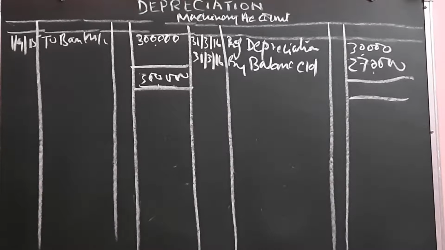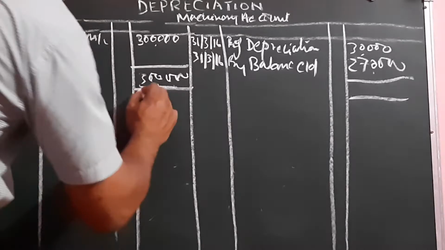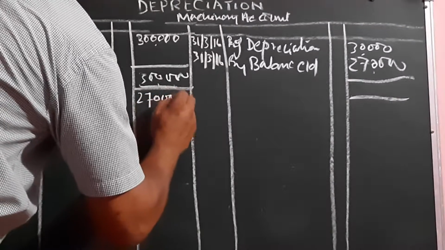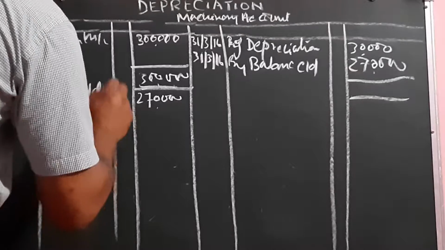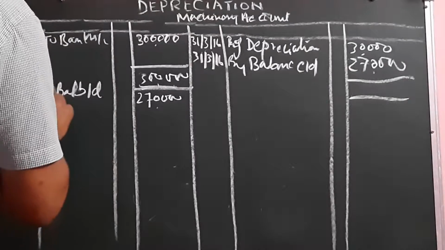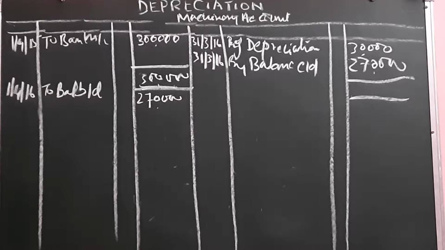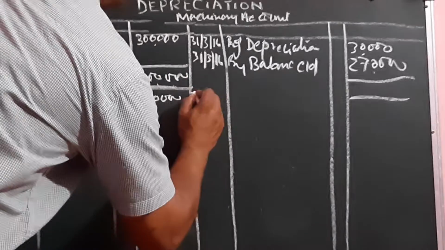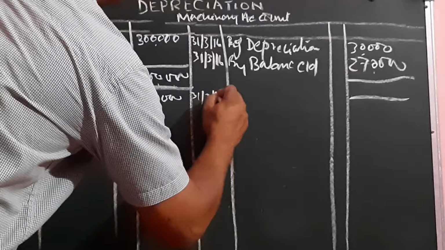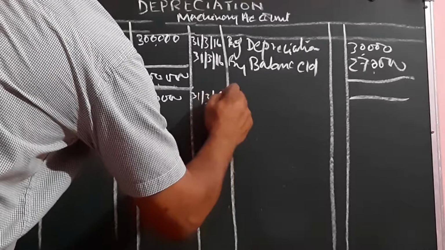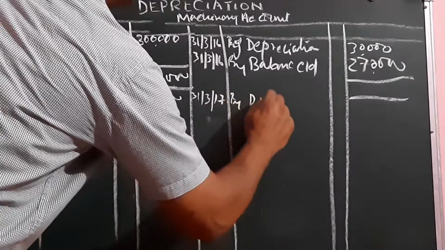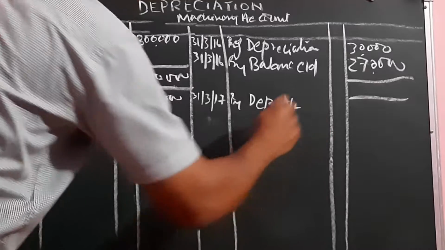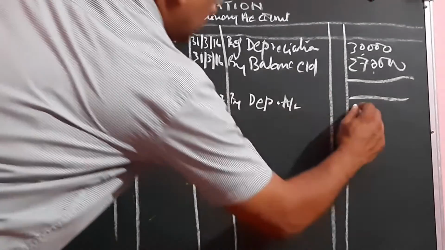In the second year, it is 2,70,000, to balance BD on 1st April 16. So on 1st April, 2,70,000. Again the depreciation is 30,000 on 31st March 17, so by depreciation account the amount is 30,000.